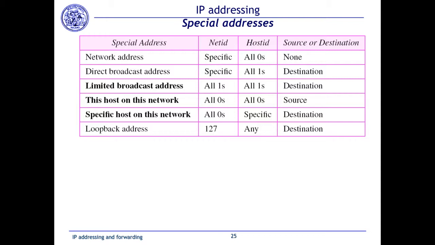Specifically, the address with all zeros can be used when there is a source, for example a host, which does not know immediately the IP address of its interface. In this case, it can send packets outside through this interface, but it cannot write a specific IP address as a source IP address. So in this case, it will write all zeros.